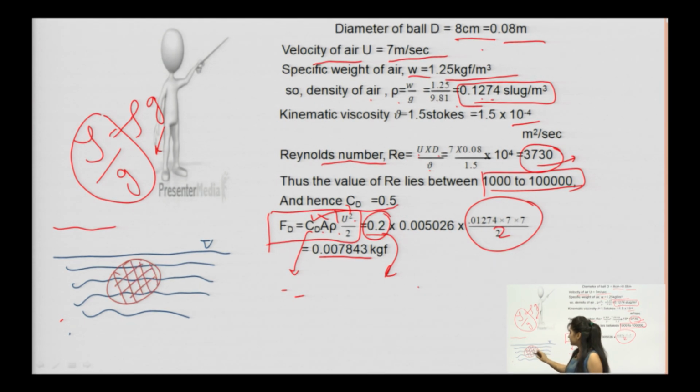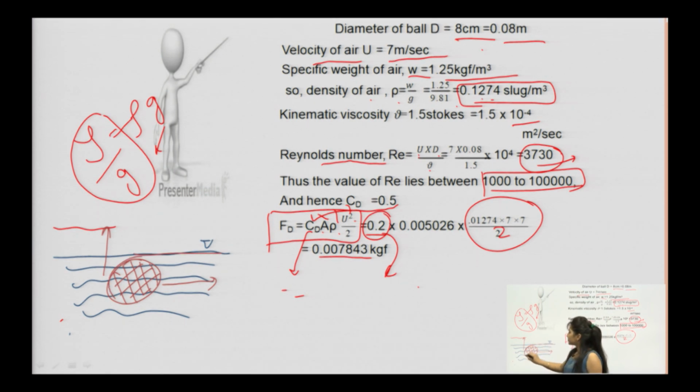So, this body will experience a force, and that particular force will be acting in two directions, one perpendicular and another one horizontal to this plane or to this surface area.